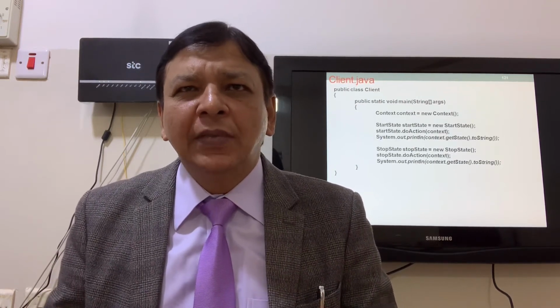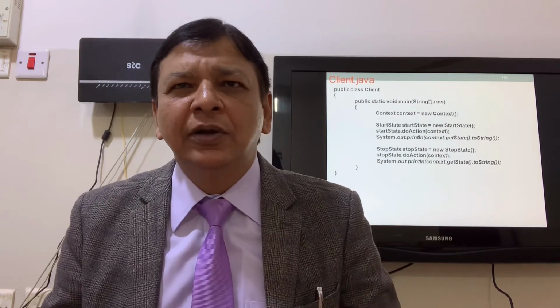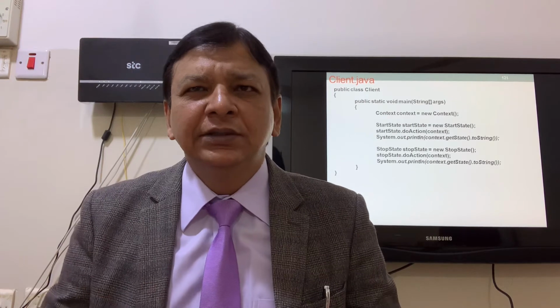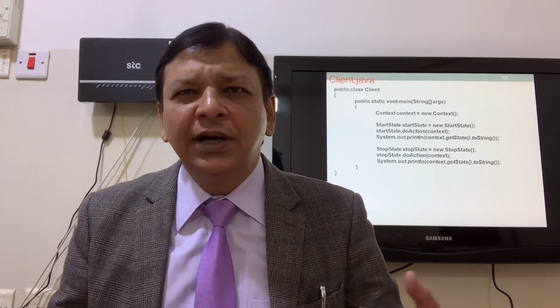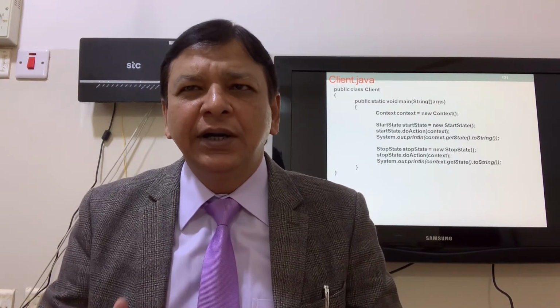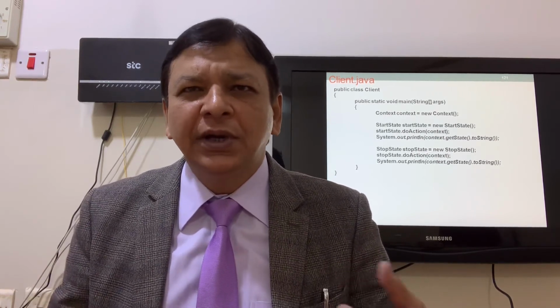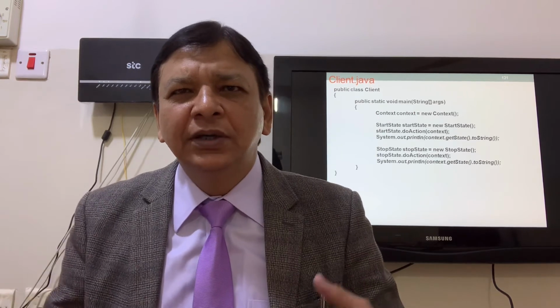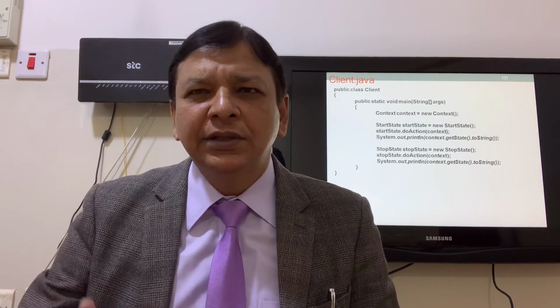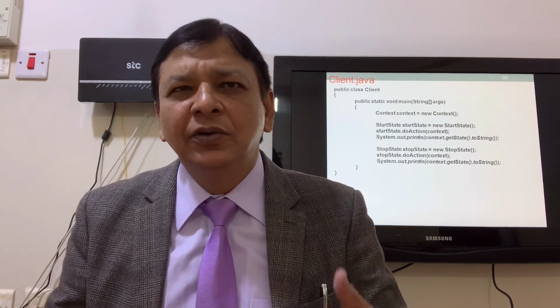Client.java, our main: public static void main(String[] args), Context context = new Context(), StartState startState = new StartState(), startState.doAction(context), System.out.print(context.getState().toString()). Then StopState stopState = new StopState(), stopState.doAction(context), System.out.print(context.getState().toString()), close the main, close the class. This is our output. Player is in start state. Player is in stop state.